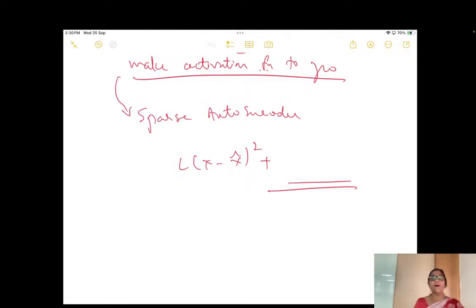How do we arrive at that? What are the characteristics of the autoencoder and the sparse autoencoder? The characteristic of the autoencoder is called vanilla encoder. Vanilla encoder I have already talked about.